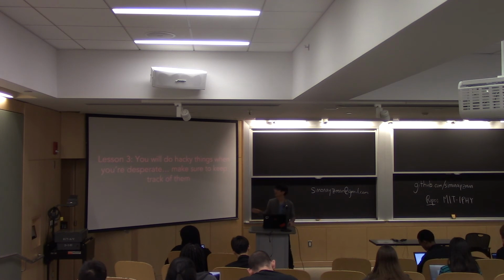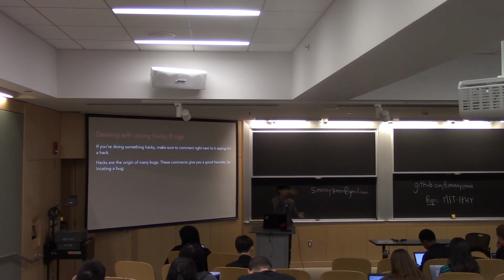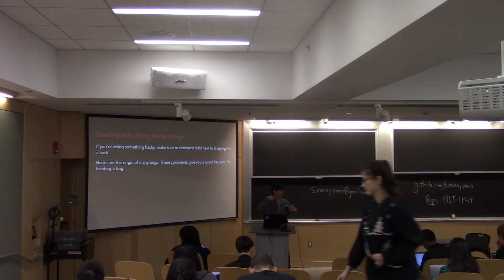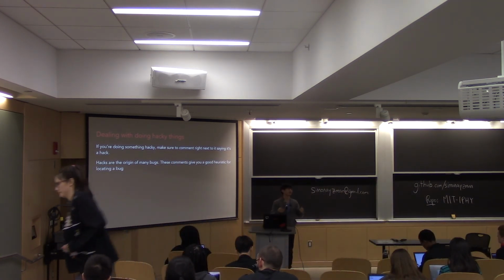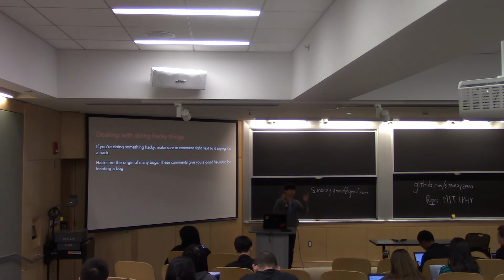Just ignore it. Okay, so the next thing you need to think about is you'll do hacky things when you're desperate. There's some things in Catbook that are kind of hacky, but it's important to keep track of these, even if you do them. Right next to the line of code that I think is kind of sketchy, but it still works for my use case, I'll just put a comment being like, warning, this might screw things up later, but for now this is fine.